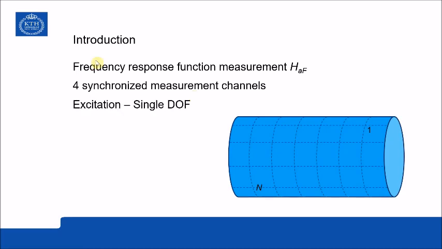So let's assume now that we have single degree of freedom excitation. Let's, for simplicity, put it in point 1. And we have 3 response degrees of freedom indicated here. So we have 3 perpendicular directions: an x direction, y direction, and a z direction.